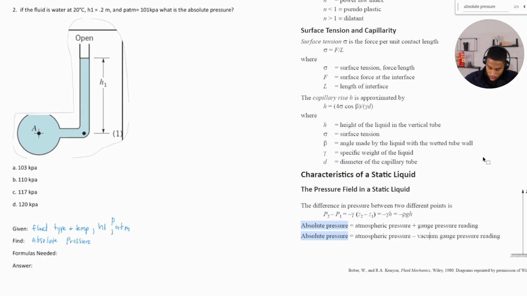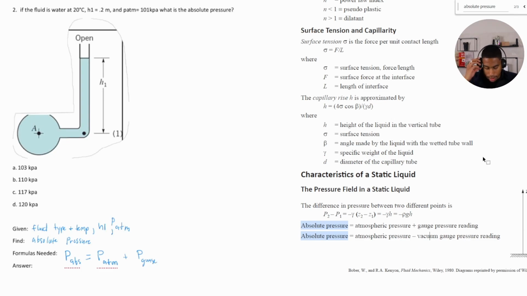So the formulas that we need is P absolute is equal to atmospheric pressure plus pressure from the gauge.